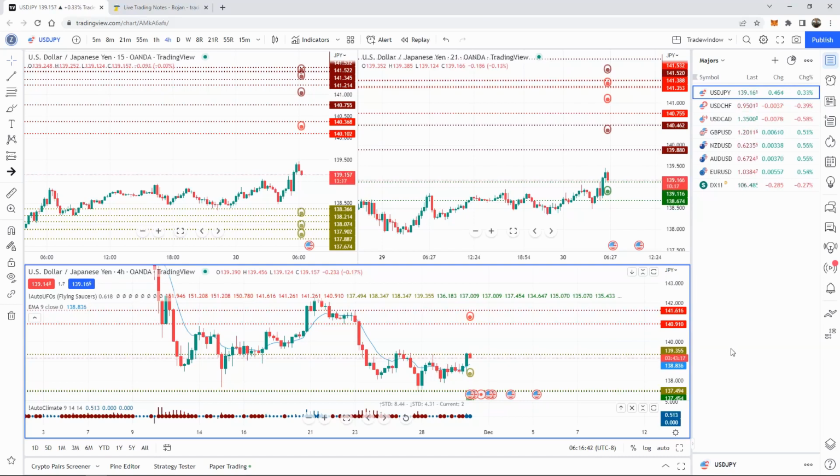So you need to combine what you see in your proprietary software, or your trading system if it's not a proprietary software, with something that a lot of traders around the world see.